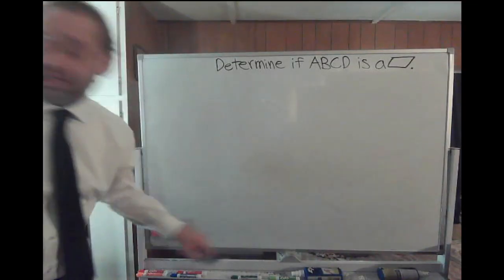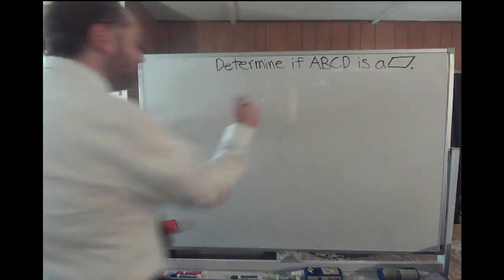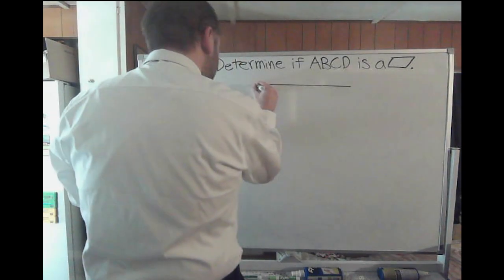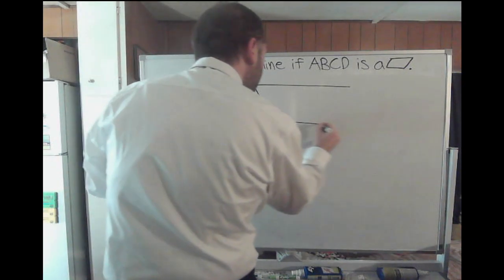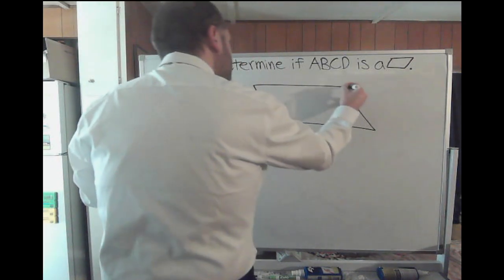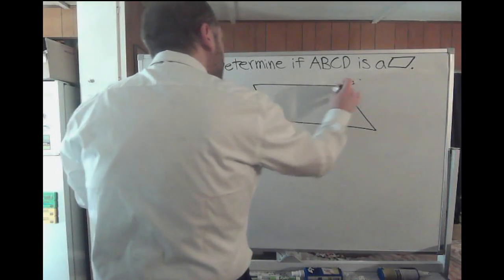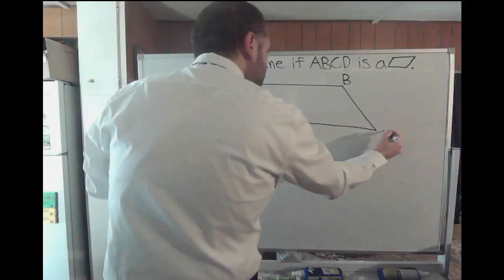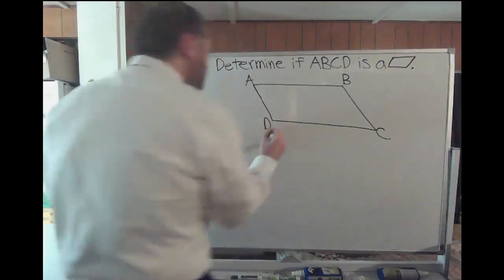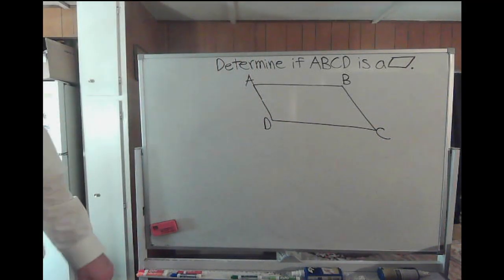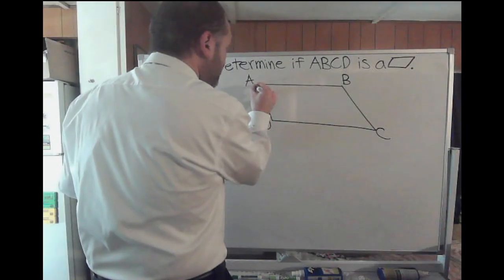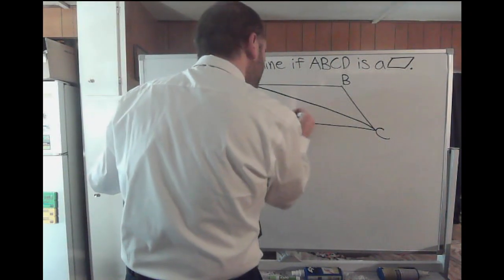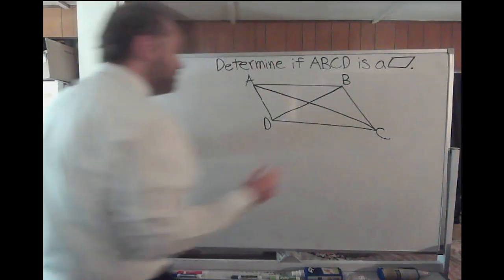All right, what's next? See, we have ABCD. What else do they give us? We have 2 diagonals here. All right.